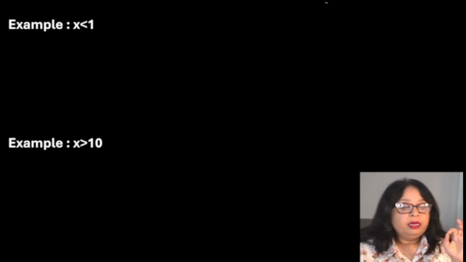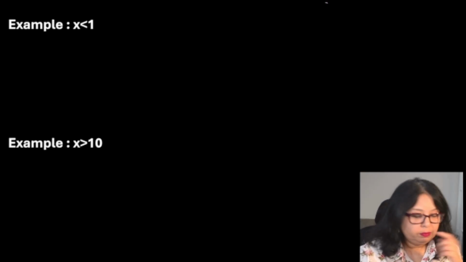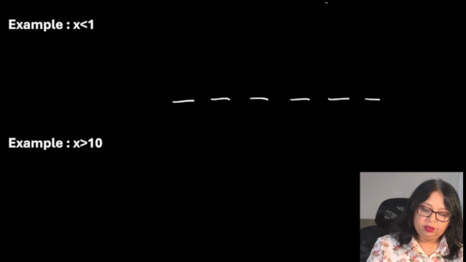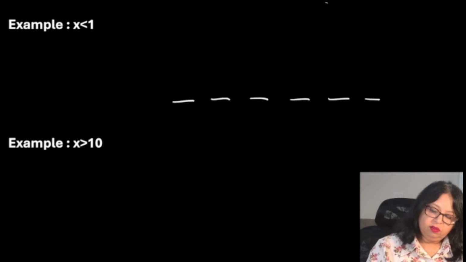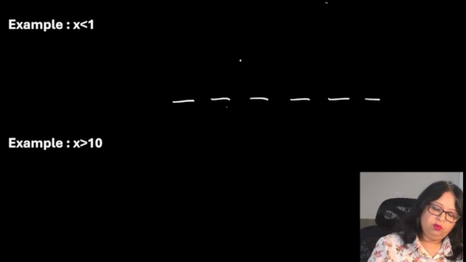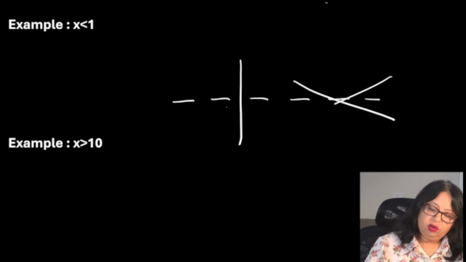In addition, we also looked at how to round off numbers to a certain number of significant digits. So once again, if you want to round off a number to a certain number of significant digits, say this number has 1, 2, 3, 4, 5, 6 digits, whatever random digits are there, and we want to round off to 2 sig figs, you put this line over here and disregard these numbers.